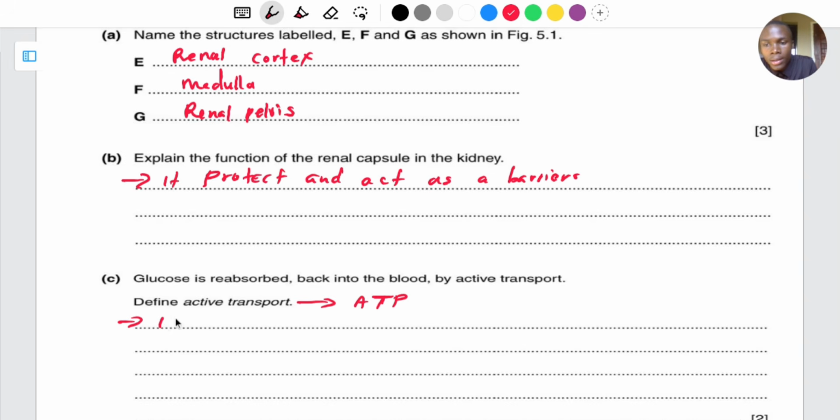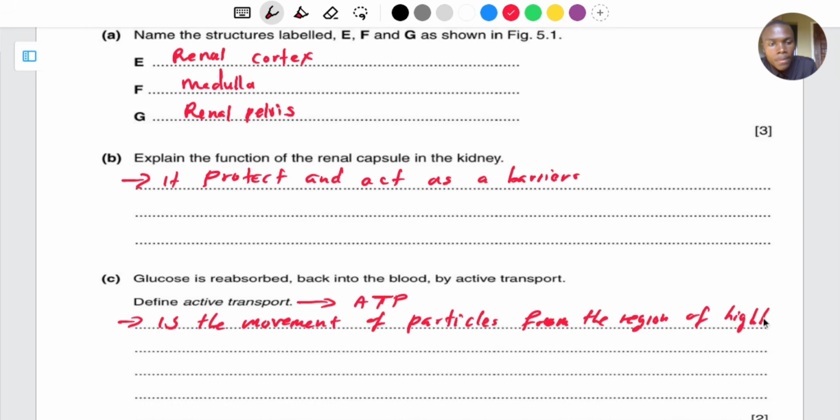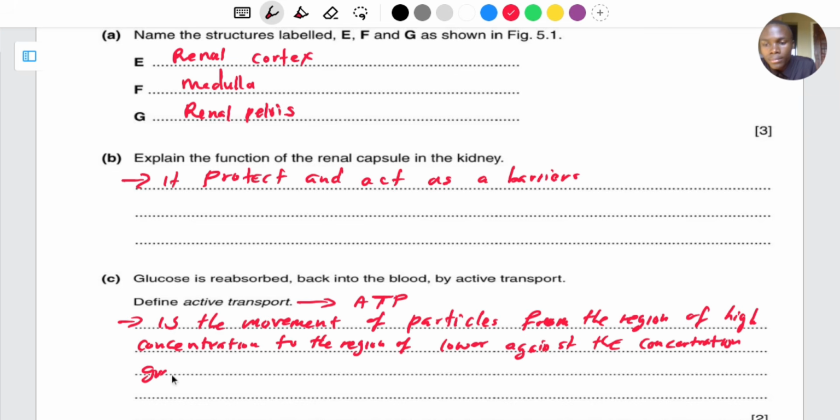So I'm saying it is the movement of particles from the region of lower concentration to the region of higher concentration, against the concentration gradient, by using ATP as energy.